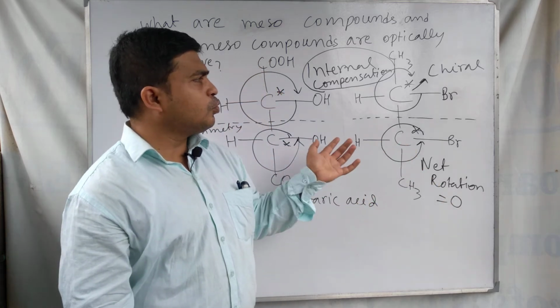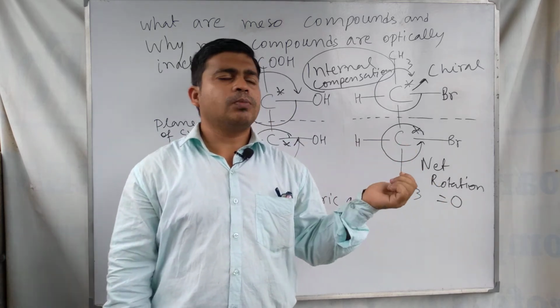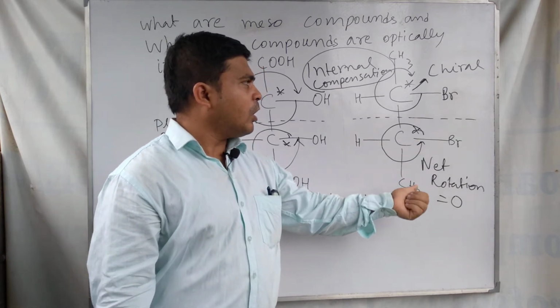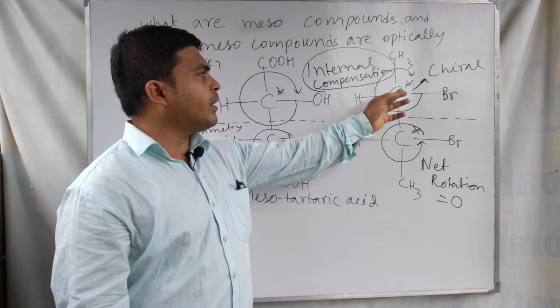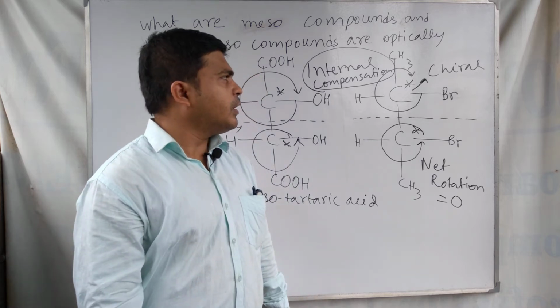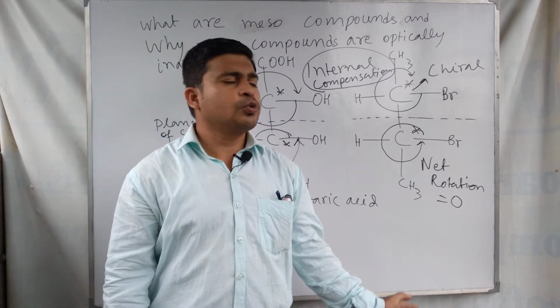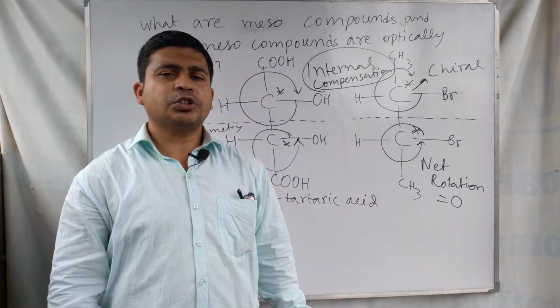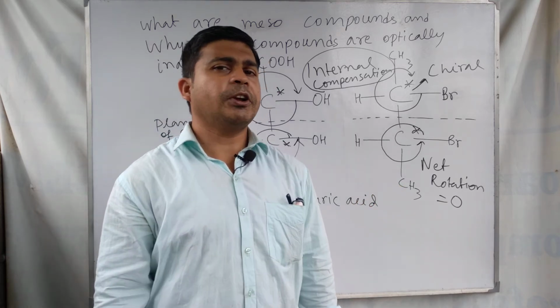Here we give two important examples of meso compounds: tartaric acid and 2,3-dibromobutane. For these two cases, the molecules are called meso compounds, and meso compounds are optically inactive.